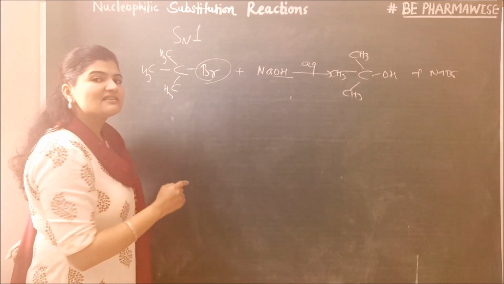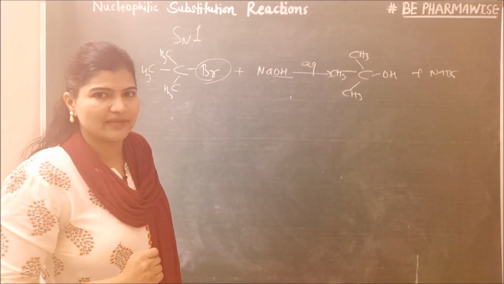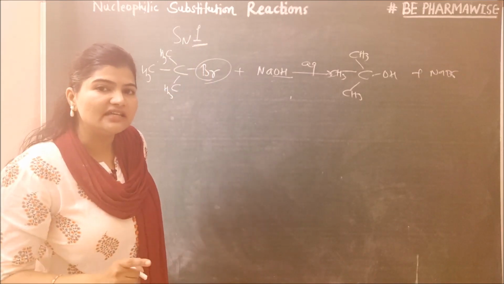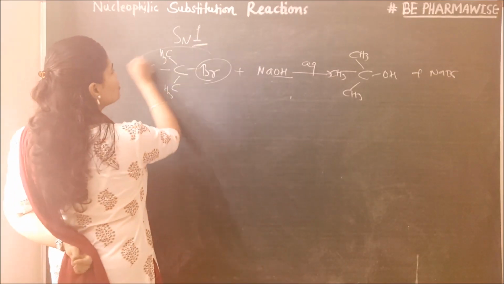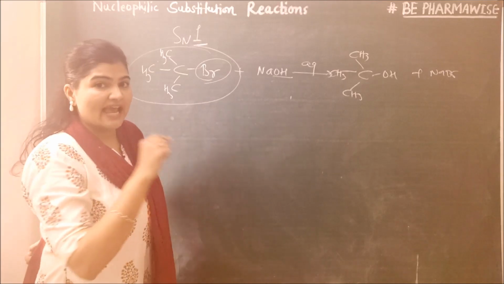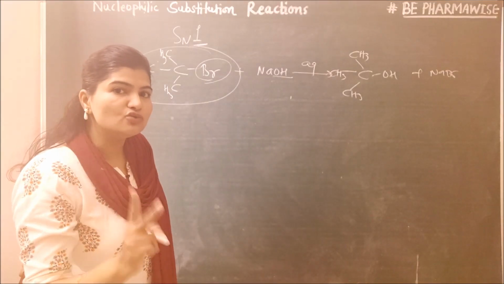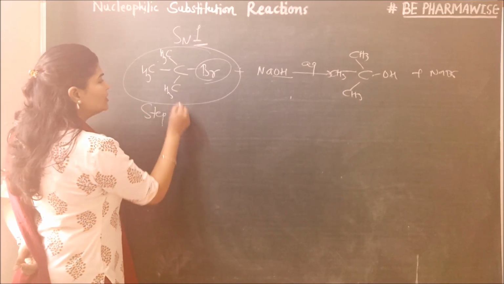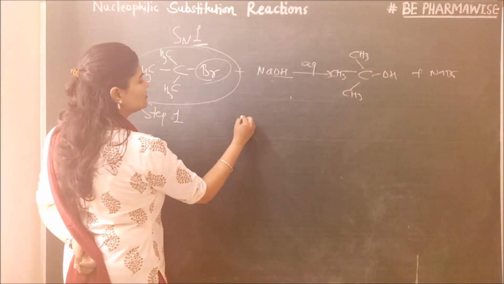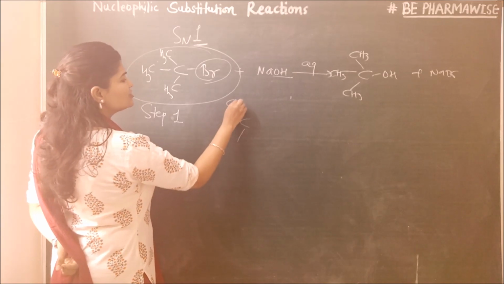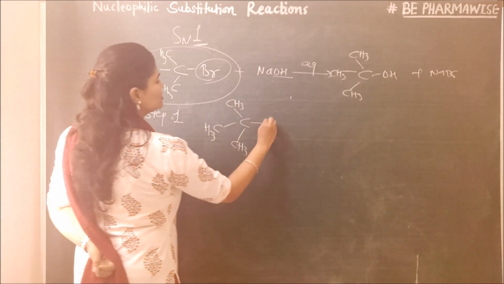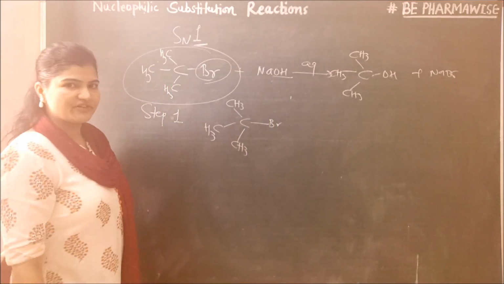This mechanism is not a one step mechanism. It is a unimolecular reaction, meaning the rate is only dependent on the concentration of substrate, and this reaction follows a two-step mechanism. In step number 1, the ionization of tertiary butyl bromide takes place. This is your tertiary butyl bromide. It is sp3 hybridized, so it has tetrahedral geometry.